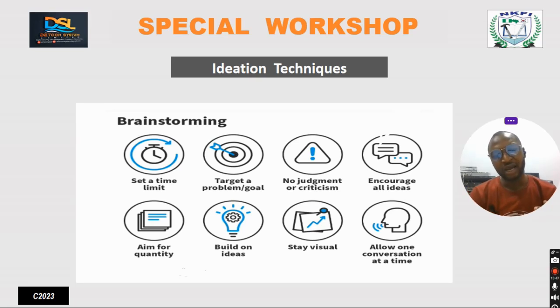Now you allow one conversation at a time, in the sense that when people are criticizing you, don't interrupt them. Allow them to finish what they are saying. Allow them to tell you their minds, what is in their mind.